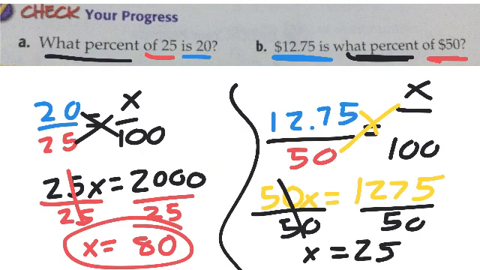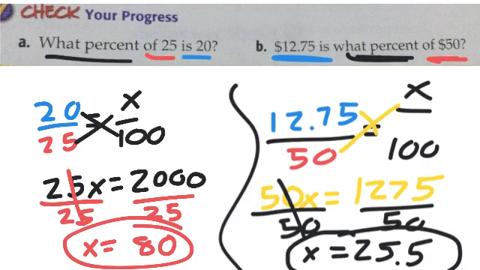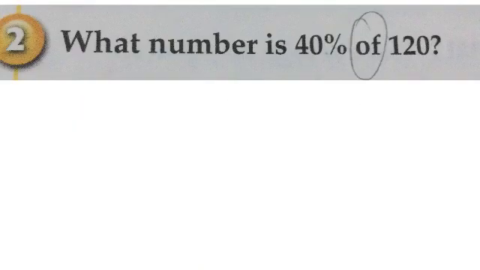That's 25.5. So $12.75 is 25.5% of $50. So hopefully you've not just got in the habit of plugging in the numbers where I've been plugging them in.